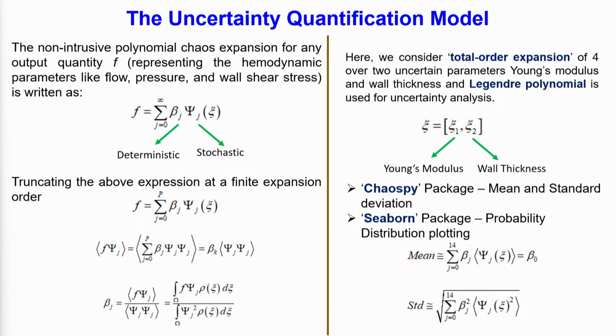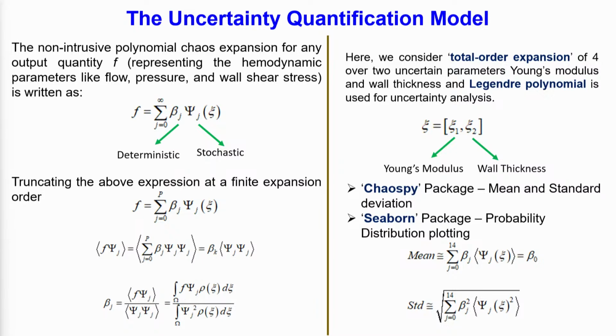What this method does is that if you have any function f, any dependent variable like flow, pressure, wall shear stress, you can write it fundamentally as an infinite series with the product of two parameters. One is the beta, which is a deterministic parameter, and psi, which is stochastic, that means something which depends on chance.